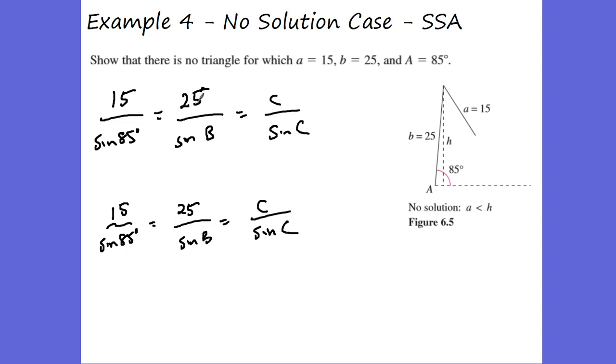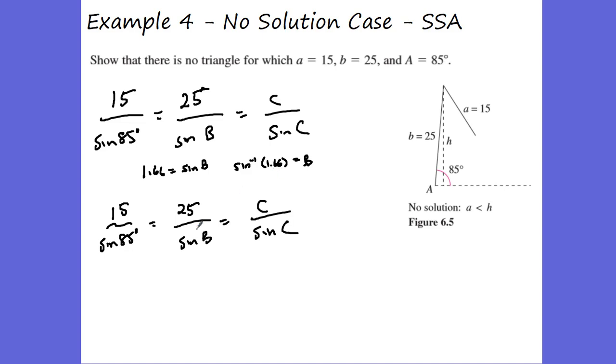Okay, so now I'm going to do my cross multiplying. So I have 25 times sine of 85 divided by 15, and I get 1.66 is equal to sine of angle B. Now I'm going to do arc sine of 1.66. Now if you remember back to last chapter, sine can't be greater than 1, can it?